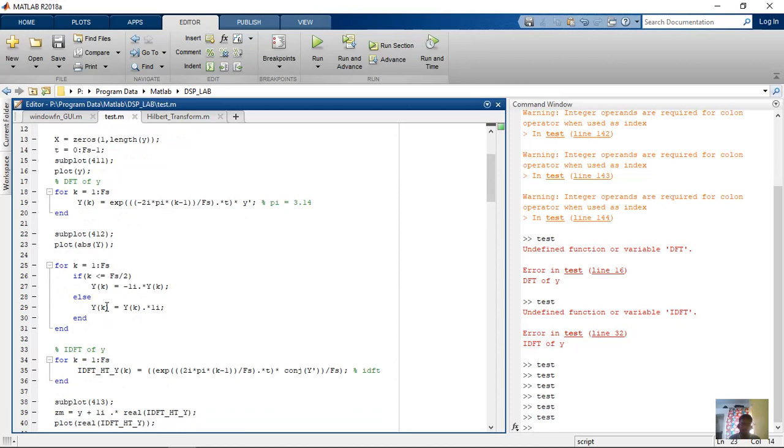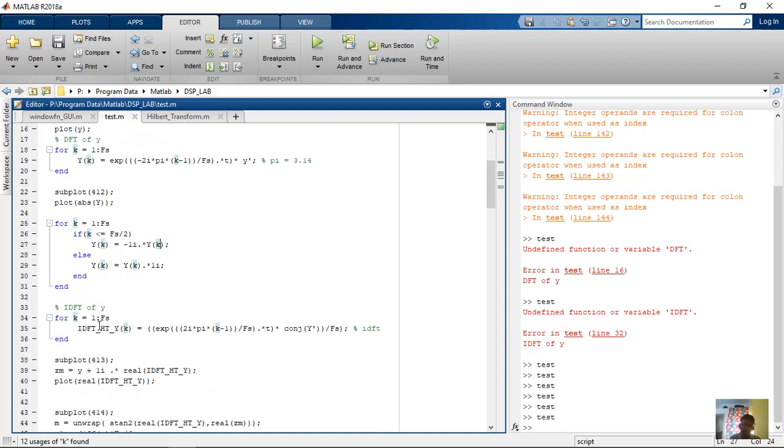So we are trying to find the time domain representation after applying Hilbert transform. Whenever k is positive, it is multiplied by minus j. Whenever k is negative, it is multiplied by plus j. Then we are finding the IDFT of y, which is the normal expression e power 2 pi by n k into t. Here the same expression goes for k minus 1, and here into y.